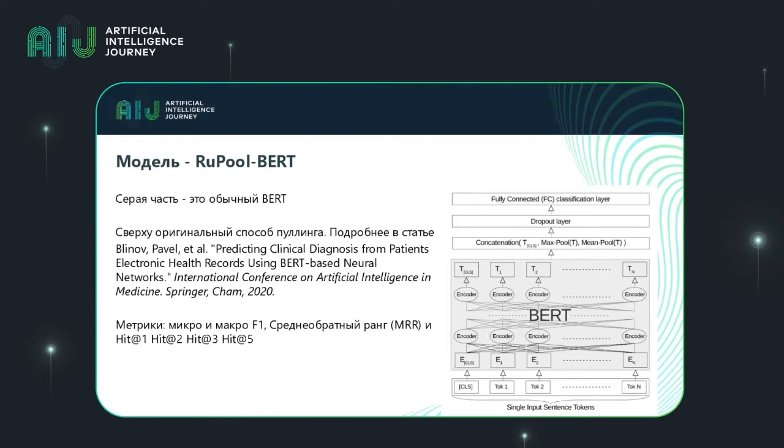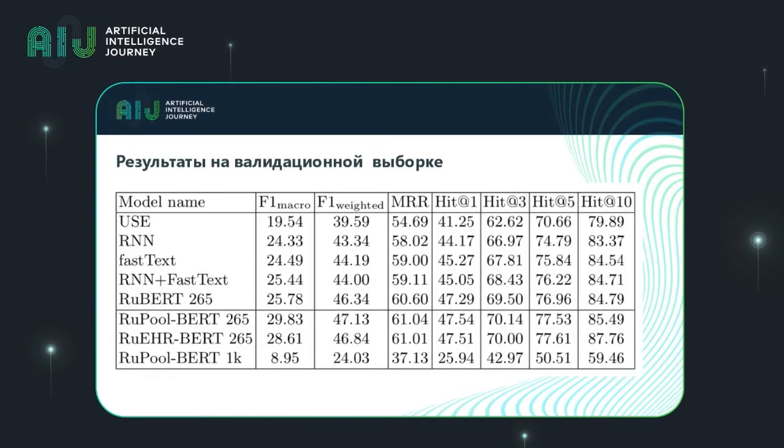And we used the micro and macro F1 with hit 1, hit 2, and hit 3. So the number of the hit 1 is the number of cases when the system has guessed correctly. Hit 3 is when the correct diagnosis was among the first 3 recommendations.